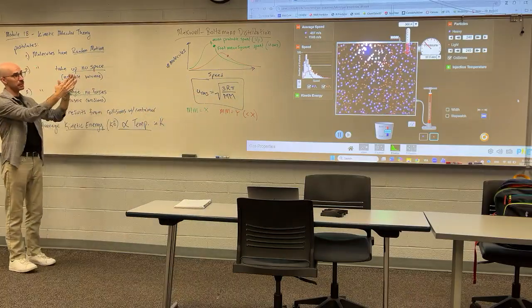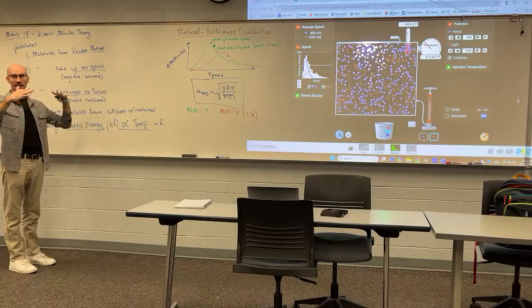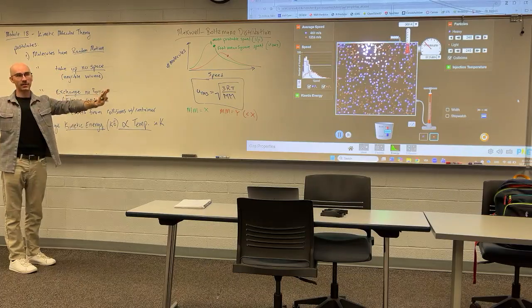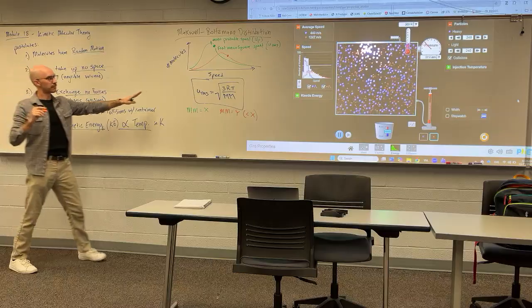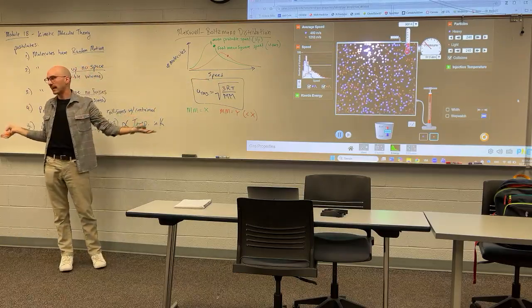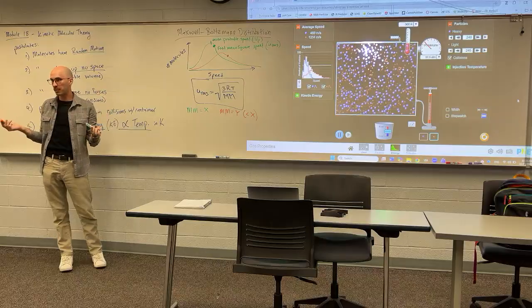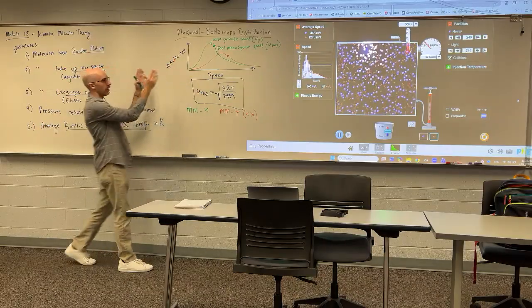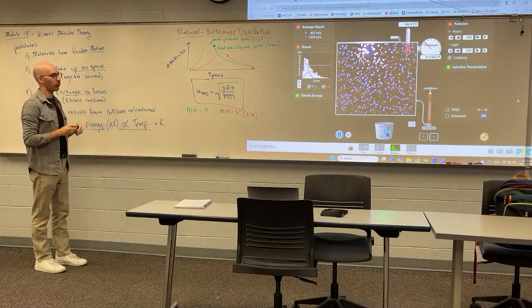You'll notice that the plot also flattens a little bit. As I increase to higher temperatures, I get a larger distribution of all kinetic energies, of all possible speeds. As I cool it, I get to a more uniform root mean square.